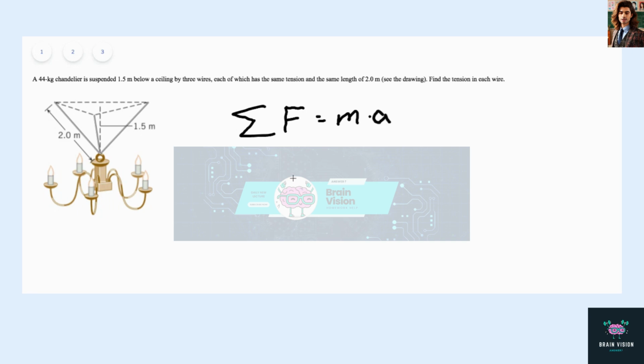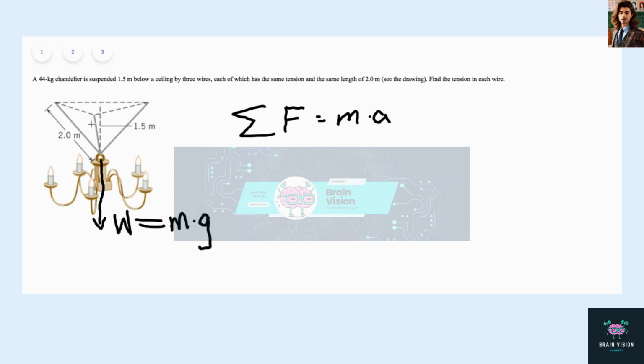To determine the sum of the forces, it's best to start by drawing a visual representation of those forces. That's called a free body diagram. So to do that, I'll draw the 4 forces acting on the chandelier, starting with its weight. The weight of the chandelier acts downward towards the surface of Earth, and it has a strength of m times g.